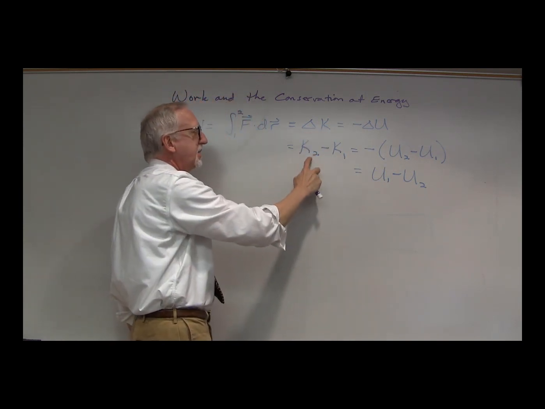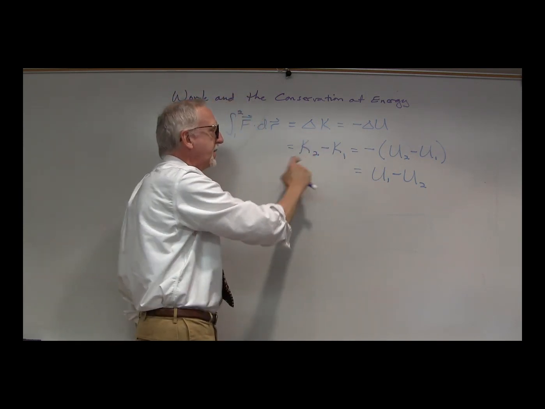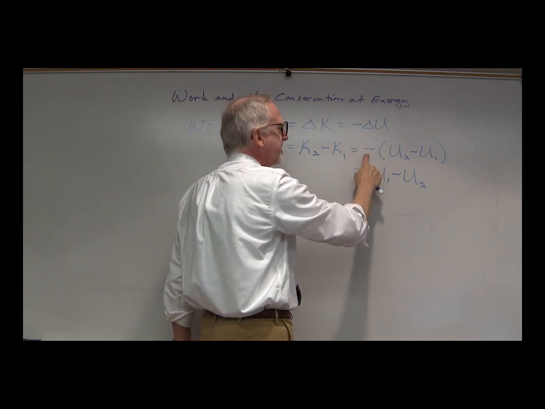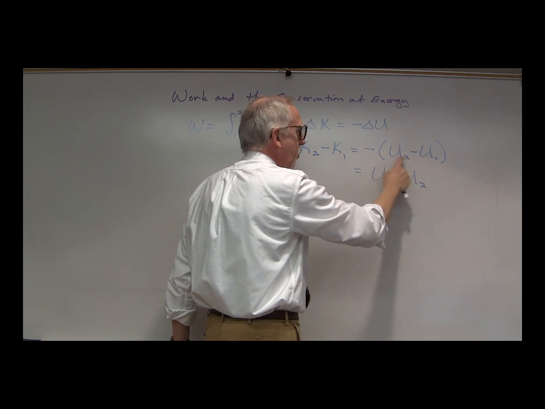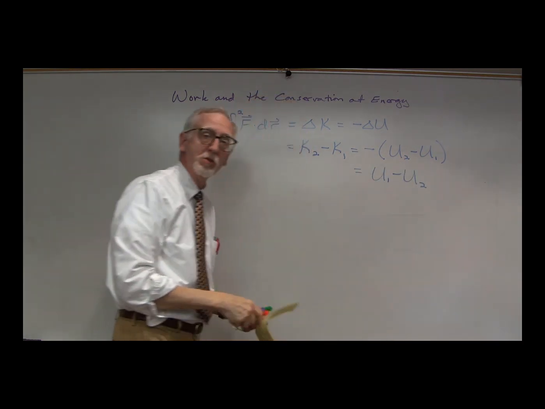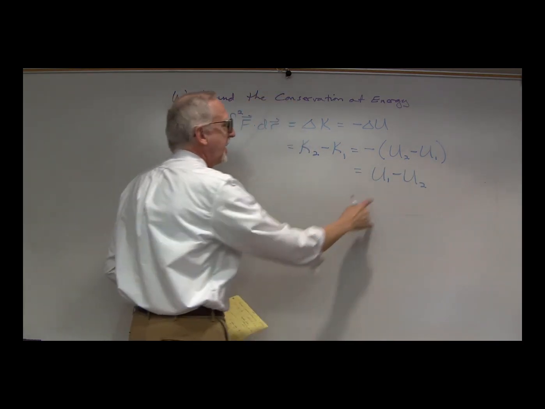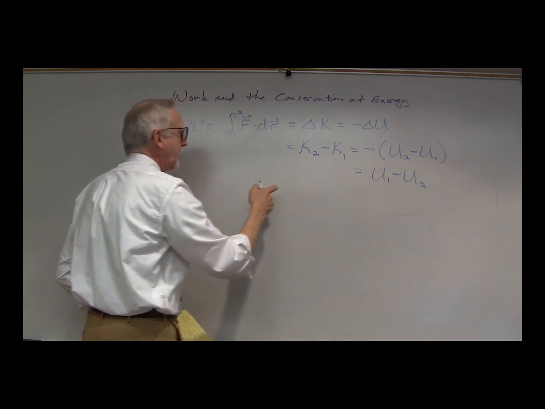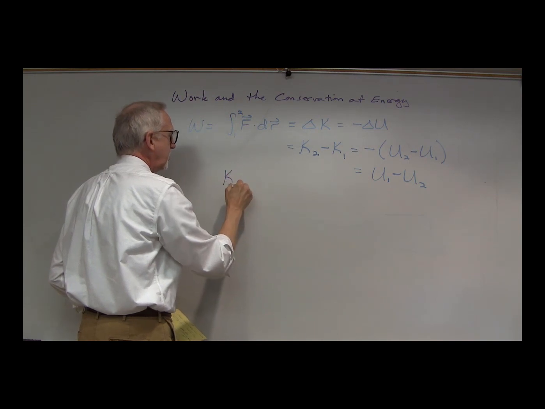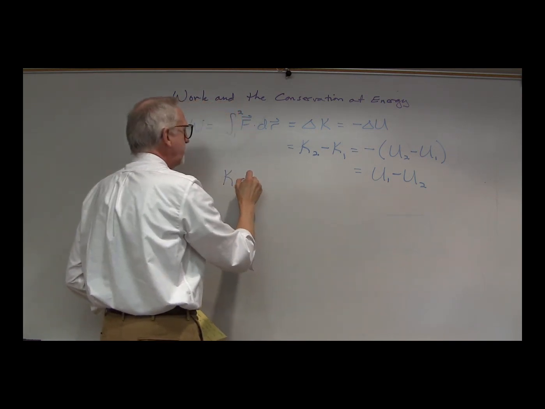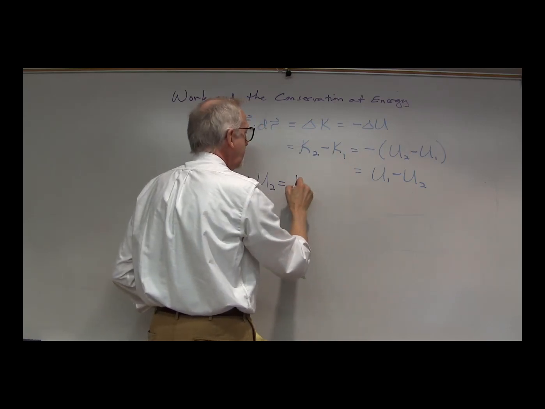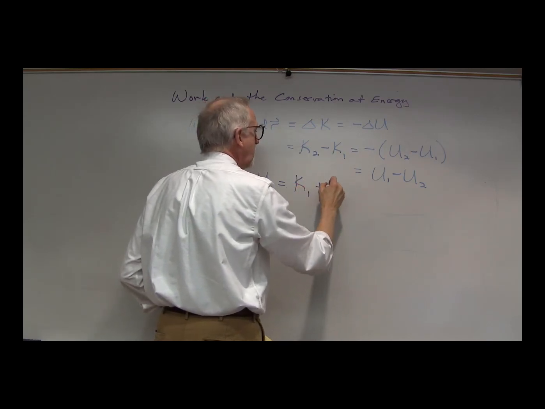Well, delta K is K final minus K initial, K2 minus K1. And this is the negative of delta U, which is the negative of U2 minus U1. In other words, the negative of that is U1 minus U2. Let's take U2 over on this side and K1 over on this side. What do we have? We have K2 plus U2 is equal to K1 plus U1.